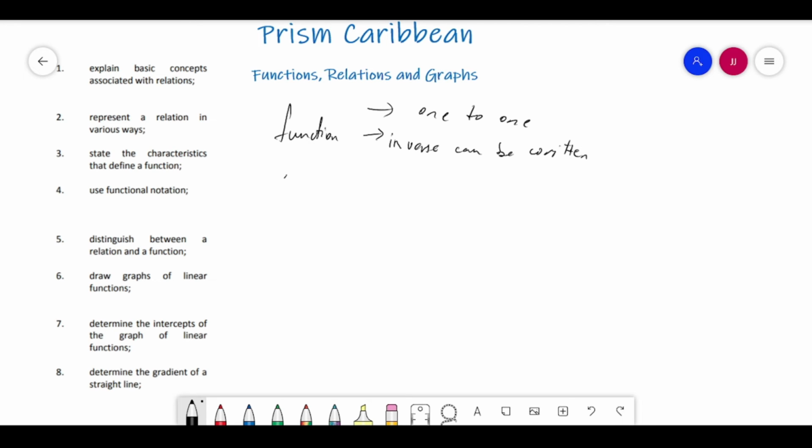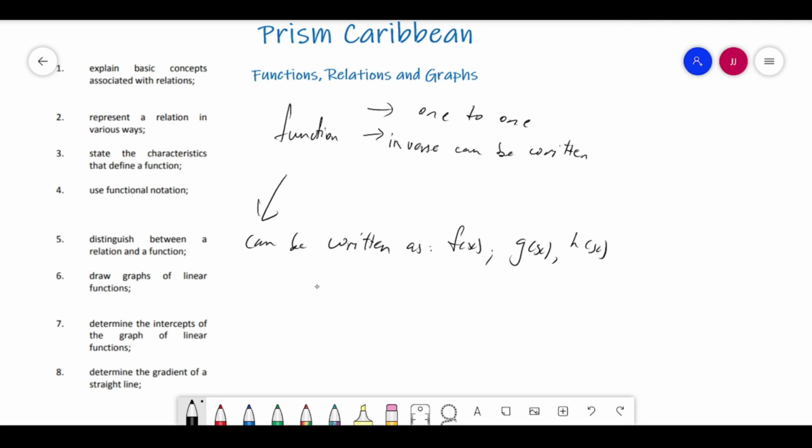It can be written as f of x, g of x, h of x. Other possible scenarios, I have it down here written, right? Yeah. So these are just the general forms in which it may come in.